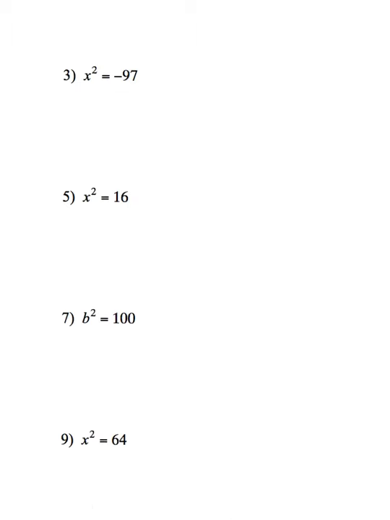Let's look at numbers 3, 5, and 7 right now. So remember, x squared equals negative 97 would be x times x equals negative 97. For number 5, x squared equals 16 is the same thing as saying x times x equals 16. And for number 7, b squared equals 100 is the same thing as b times b equals 100.